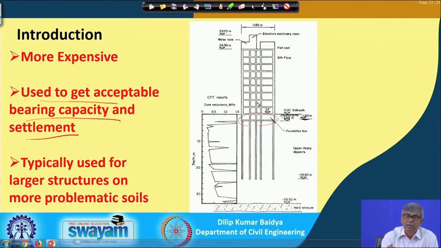So, to achieve acceptable bearing capacity, you have to drive a long structure like this inside the soil, and when you drive it, it will have friction along this surface, and maybe resistance at the tip. All those together, if a large number of them are there, whatever capacity it gets may be enough to support the entire building load. That is why they are used to get acceptable bearing capacity.